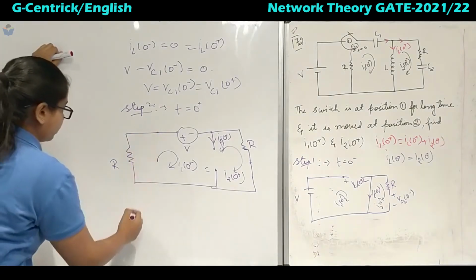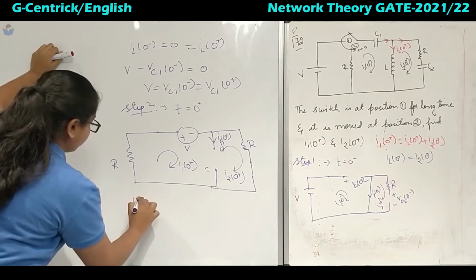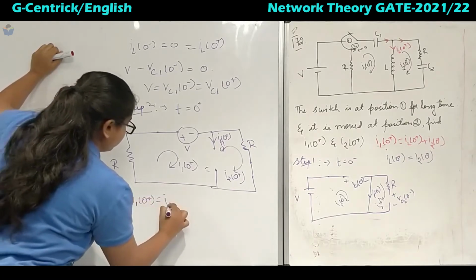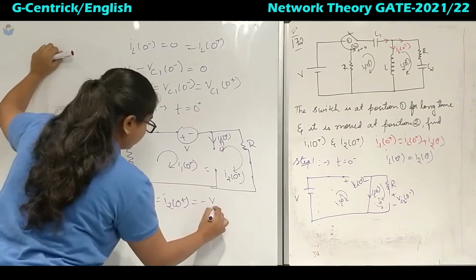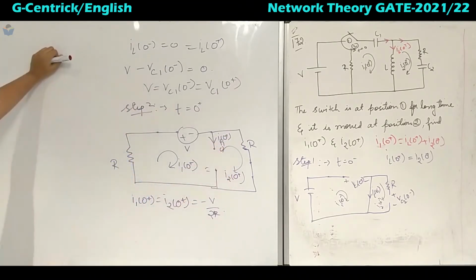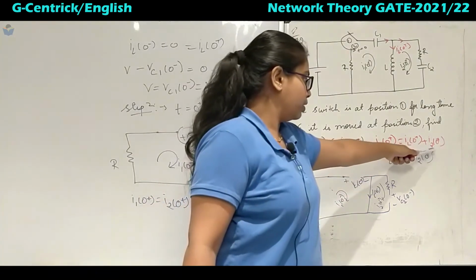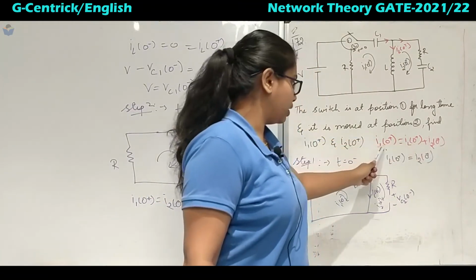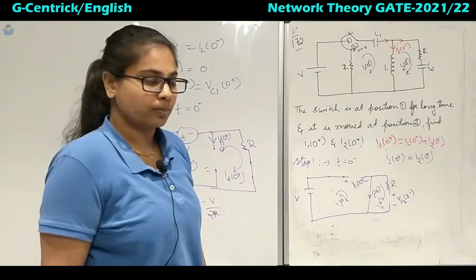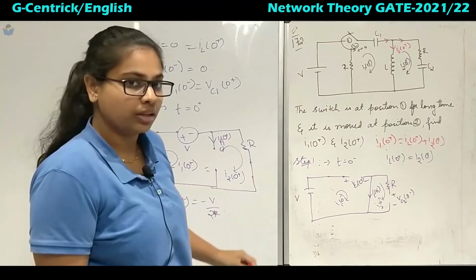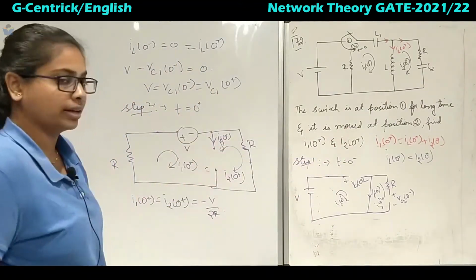Apply KVL and you get minus V, so I1 of 0 plus will be equal to I2 of 0 plus, which equals minus V upon 2R. Now put this into the KCL equation. This is minus V by 2R, here also it is minus V by 2R, both cancel, so you get IL of 0 plus equal to 0, which satisfies the KCL equation. So our calculation is correct.